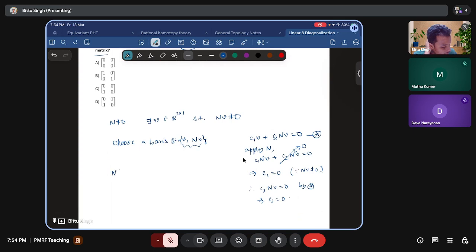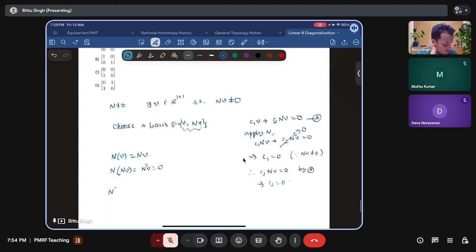Now if we apply n on v, that will give me nv. And if we apply n on nv, this will give me n square v, which is 0. So the matrix representation of n with respect to this basis will be, so nv means 0 times v plus 1 times nv, so it is 0 and 1.